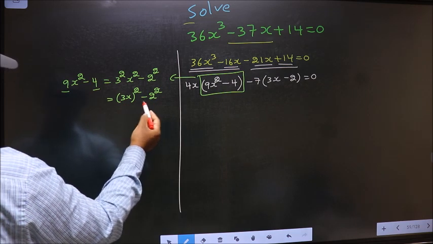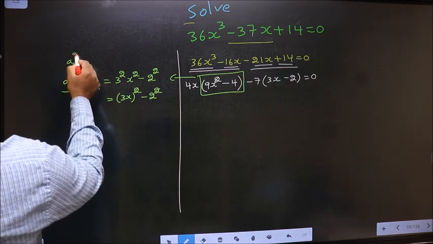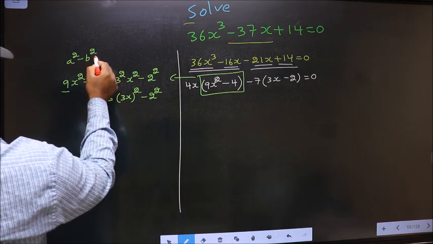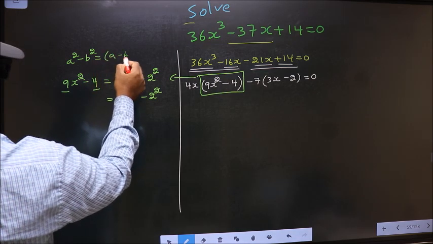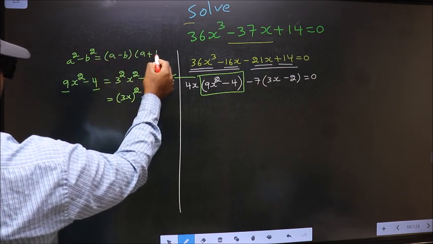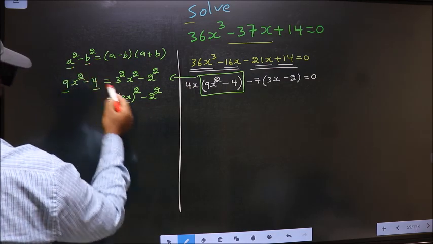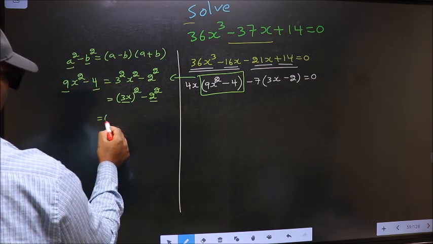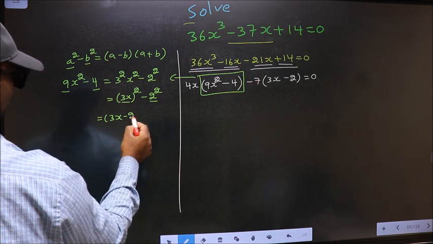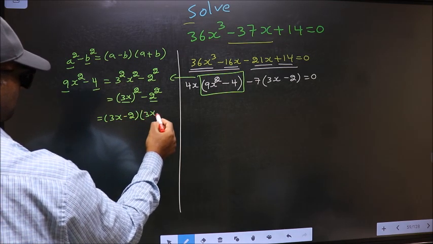Now on this we should apply the formula a square minus b square, that is a minus b times a plus b. In place of a we have 3x, in place of b 2. So we get 3x minus 2 times 3x plus 2.